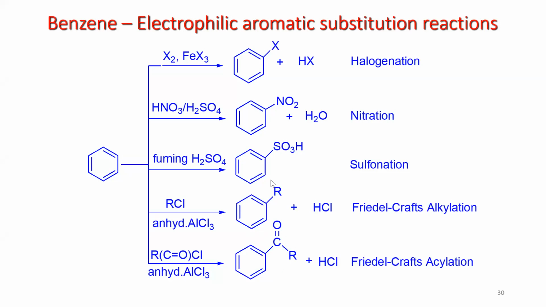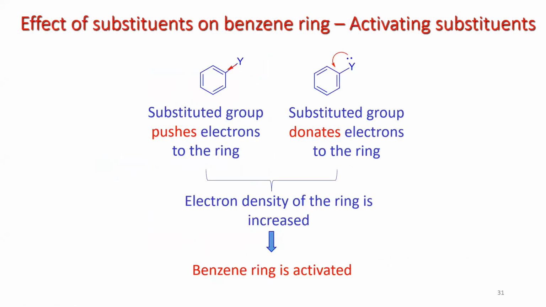This is an acyl group, alkyl group, sulfonyl group, nitro group, and halogen. Halogen can be any chloro, bromo, iodo, anything, right? So you are familiar with the set of reagents for each reaction. So we are not going to discuss those things because you can read the book and understand. You already know with your previous knowledge how to write the mechanisms for those reactions.